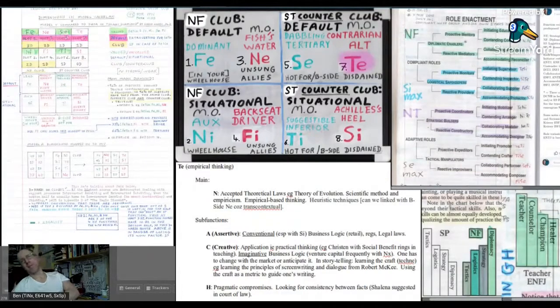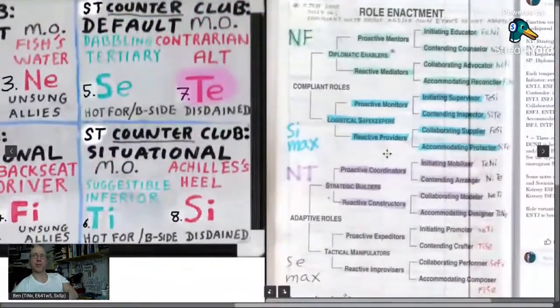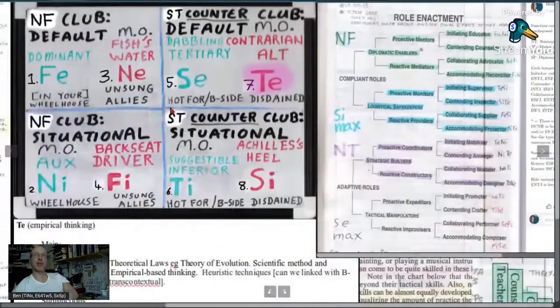Oh yeah. There's different kinds of TE that they're better at. I think that because ENFJ is strong at NI and weak at SI, they are more easily going to be able to do those roles that draw on TE with NI rather than TE with SI.